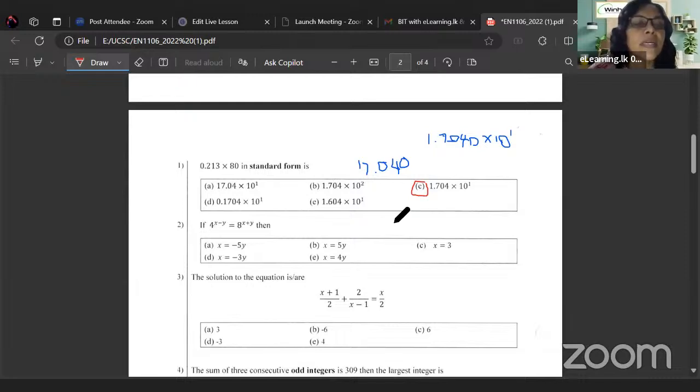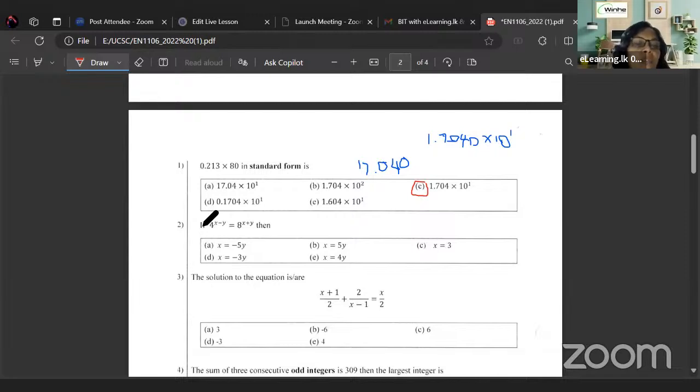Right. If you look at the second one, how do we solve this? Here it's given a number with indices, right? So 4 to the power of x minus y equals 8 to the power x plus y.